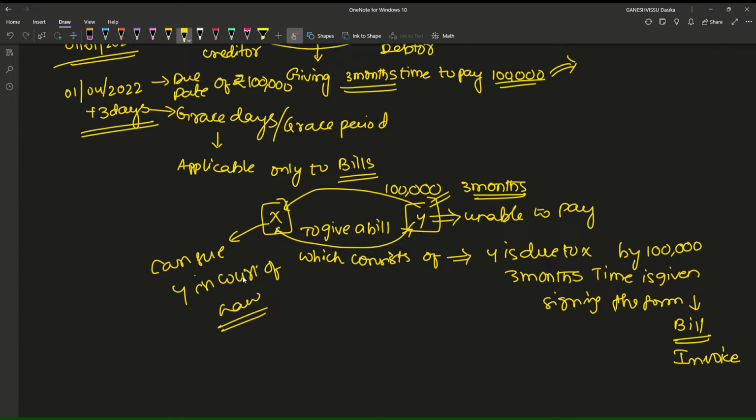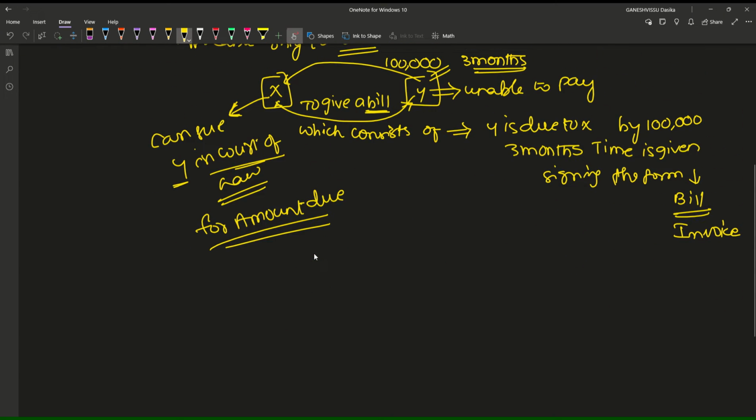If Y is not paying the amount, then X can show the amount due on Y in court of law. This is the thing for a bill.